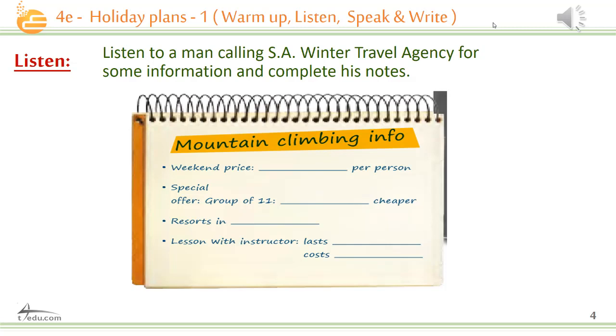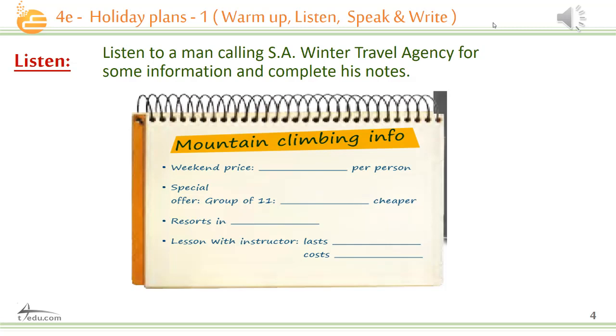The advert mentions special offers for groups. Yes, it's 20% cheaper for groups of over 10 people and 30% for groups of over 20. That's good, because there'll be 11 of us. Where are you planning to travel to? I was going to ask about that. Your advert mentions 5 resorts. Where are they exactly? Well, all the resorts are in Abha, so that you have easy access to the mountain. That's great.